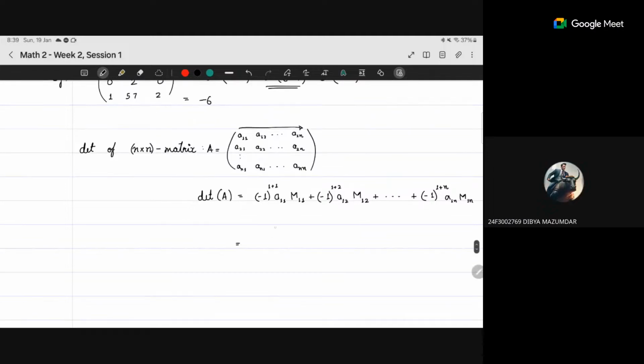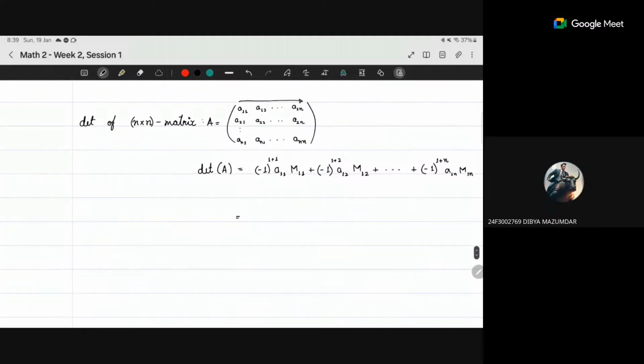So is the general formula for 4 cross 4 or 5 cross 5 in our syllabus? Well, the general formula is there, but in no case will you be asked to do this, like in an exam. There are things like Vandermonde, I don't remember the exact name.